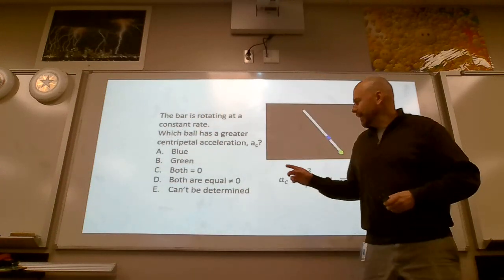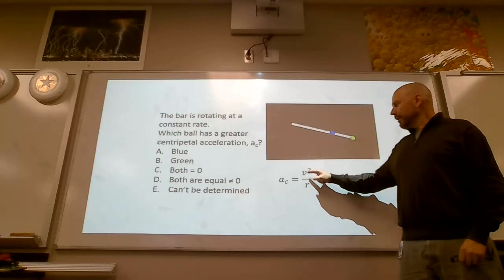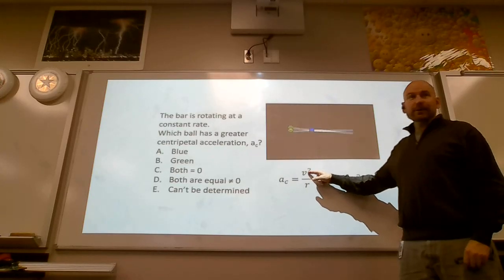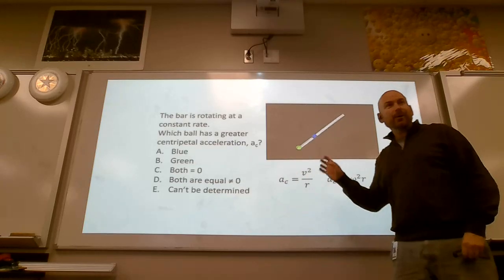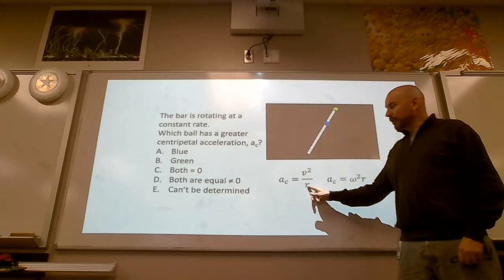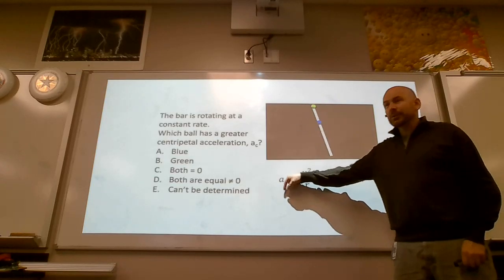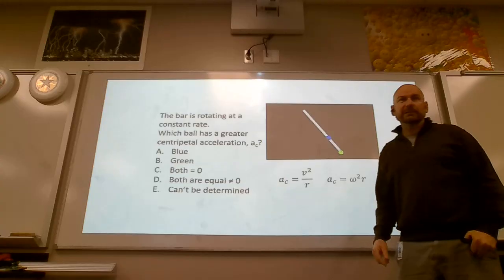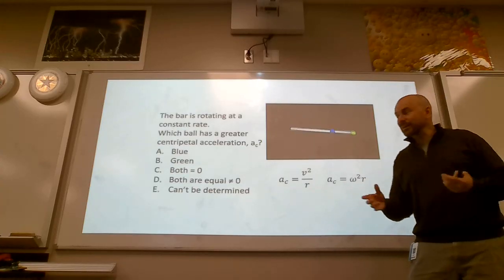So, looking at this equation, the green has a greater speed. As the speed goes up, centripetal acceleration goes up. However, green has a greater radius. So as the radius goes up, centripetal acceleration goes down. You're like, they kind of, I don't know.